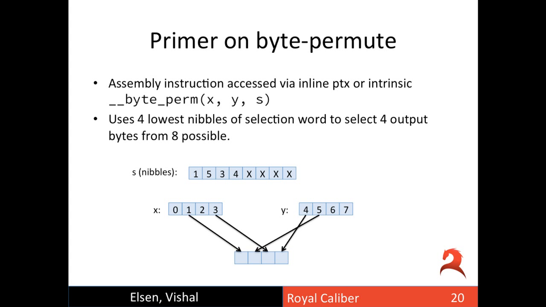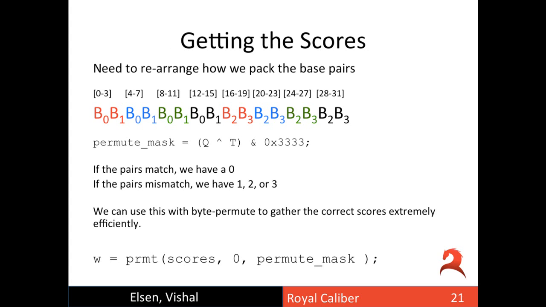So in this case, if the lowest 4 nibbles of the selection word were 1, 5, 3, and 4, then in the output word, we would gather from the first location of X, then the 5th location, which is in Y, then the 3rd location, which is in X, and then the 4th location, which is in Y. And we can generate a new word that's a permutation of the bytes of X and Y. And we can use this to generate the scores very quickly.